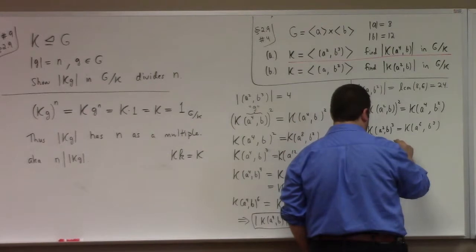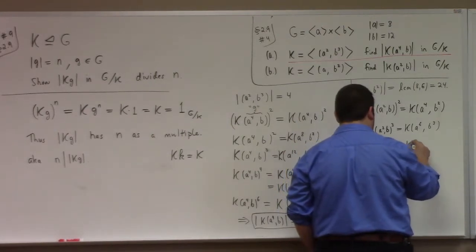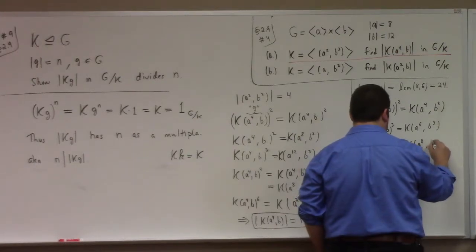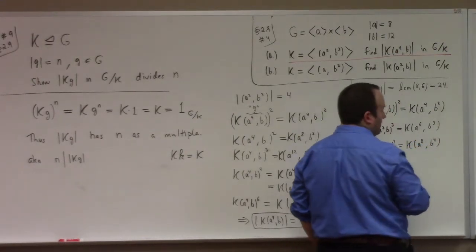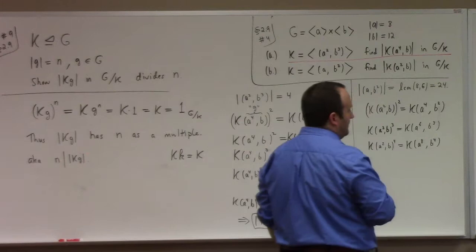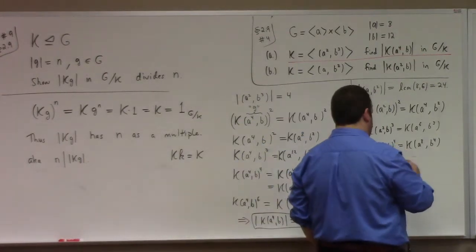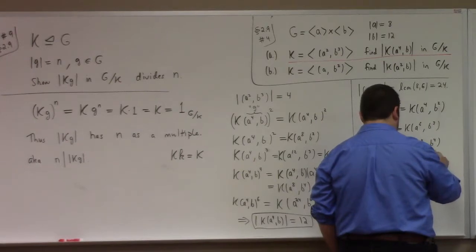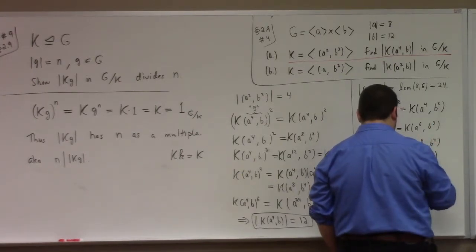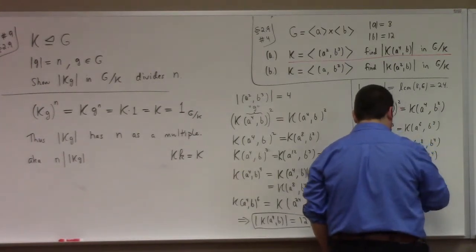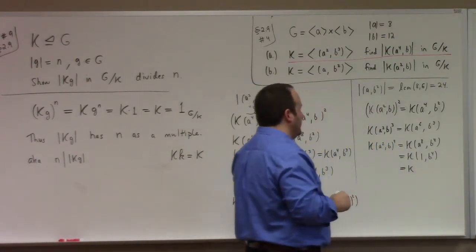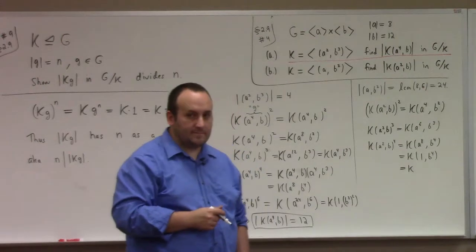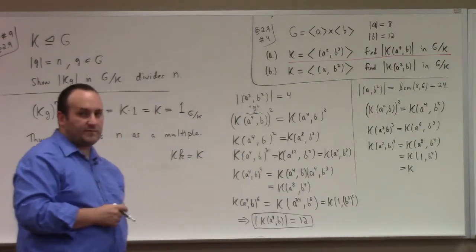Oh, yeah. And that is, as we have learned, by carefully thinking about what K is equal to. So the order of this element is actually 4 in the factor group.